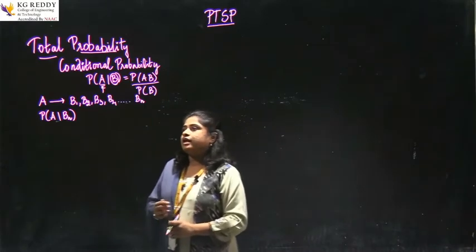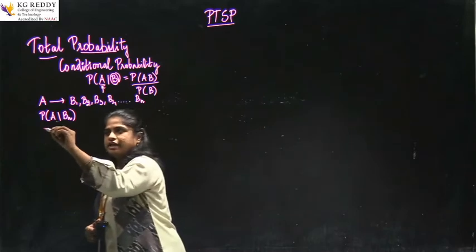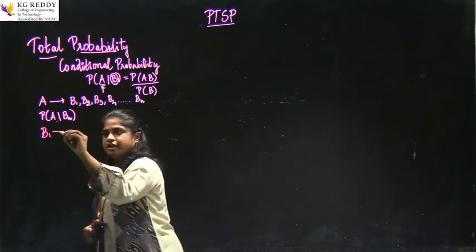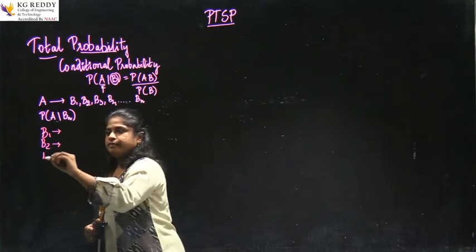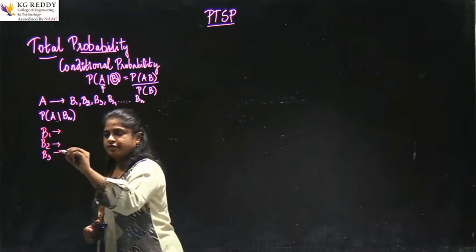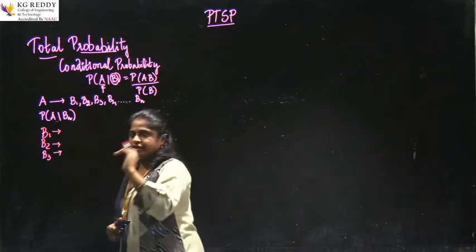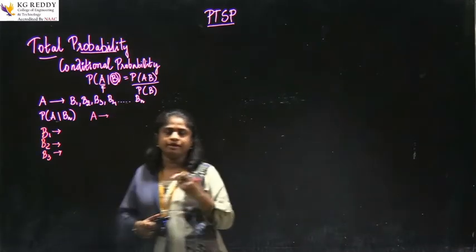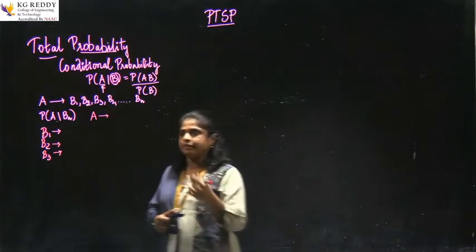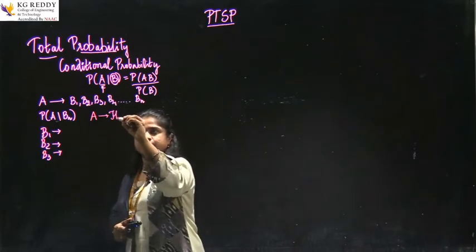Now, for example, I will take B1 as one of the events, B2 as one of the events, B3 as one of the events. The total probability which I want to find out is nothing but the student has arrived to the college.